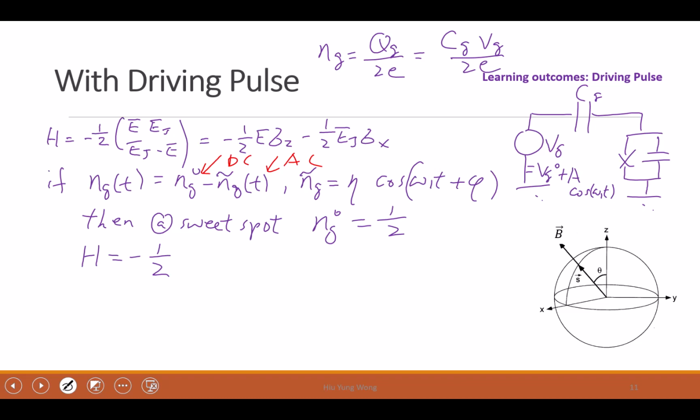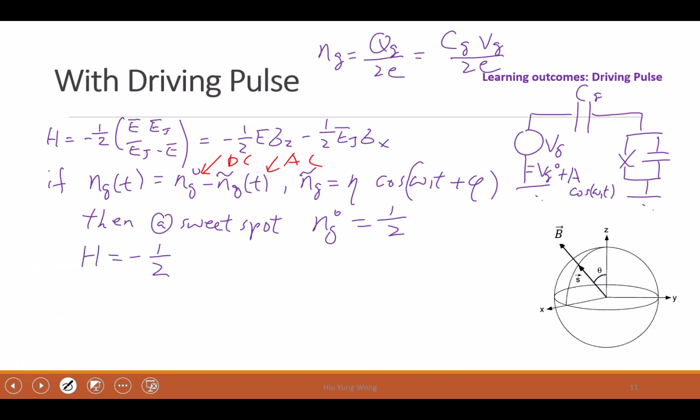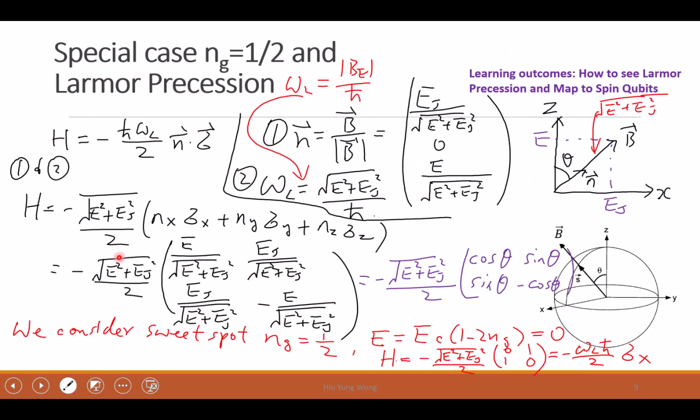I'm jumping too fast. Let me do a little bit. Let me continue to look at what is E. I also forgot, what is E? How do we define E?